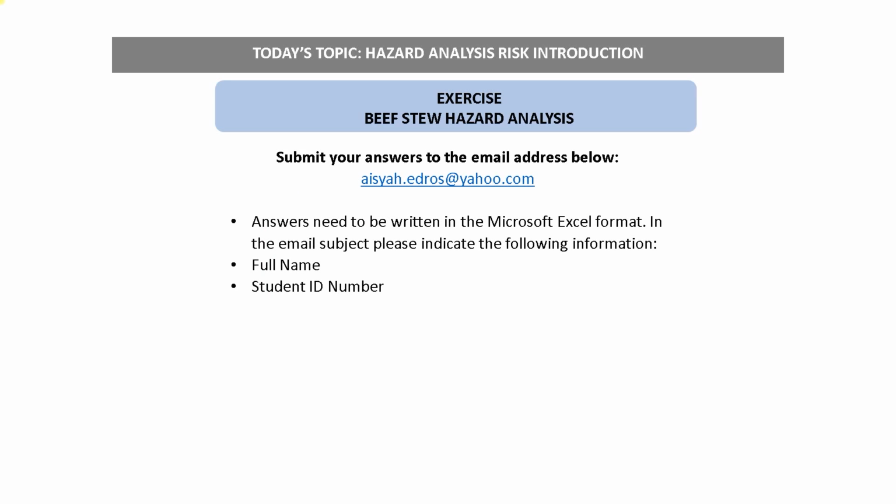Once you are done and you have finished your work, you will have to submit your answer to the email address below, aisha.edros@yahoo.com. All your answers need to be written in a Microsoft Excel format. If not, it won't be accepted.